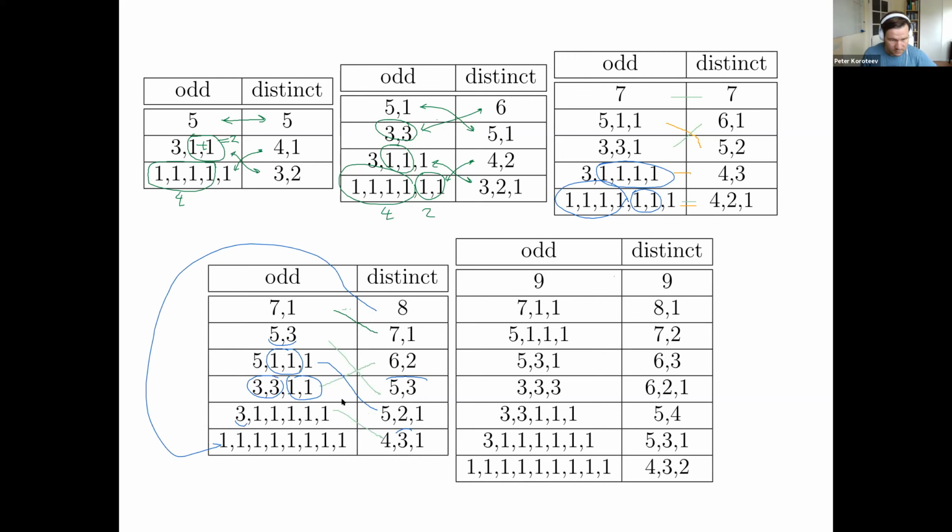So, do we get it right? Yeah, I think now everything works. Okay, and finally, let's do the last one before we formulate the rule. Yeah, so odd and distinct, they map to each other.